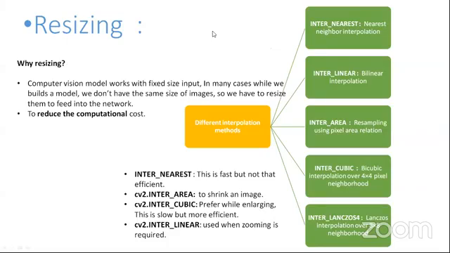I can see some more responses: same size input and output, reduce cost. Wait a second, Anushka. Same size input and output and reduce cost. Okay, I think you are in a little confusion. So we will see it.